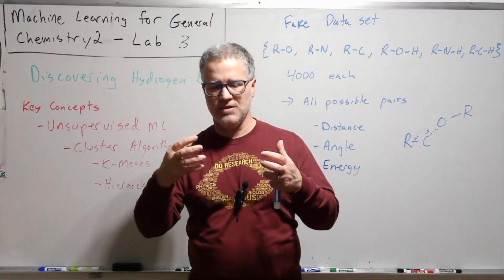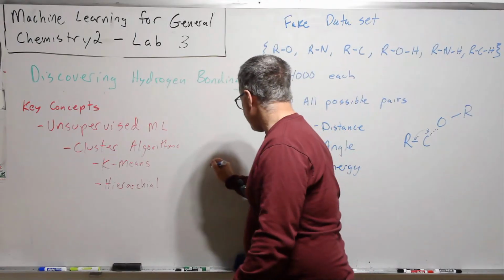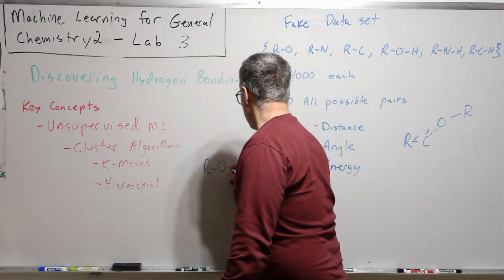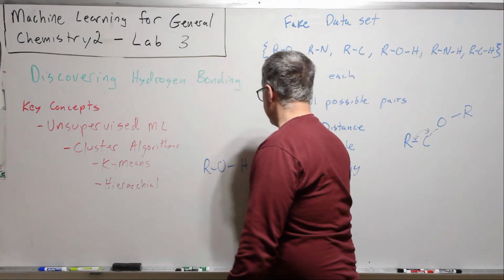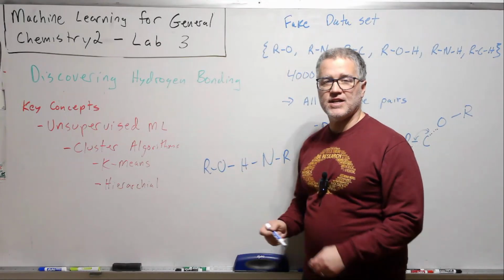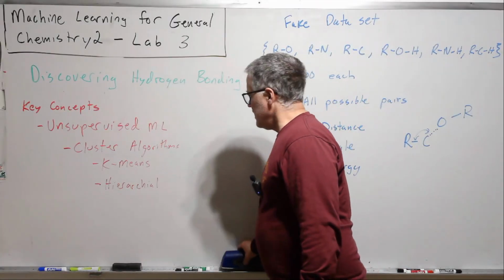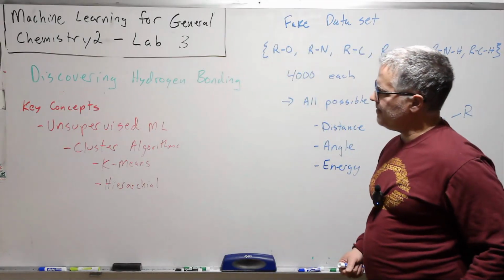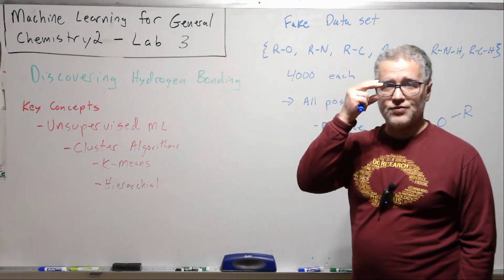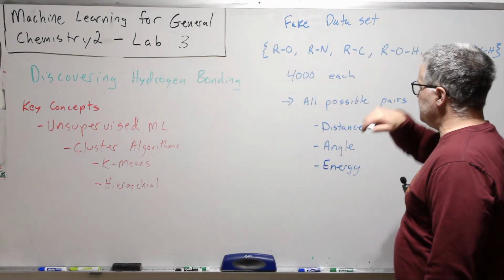So whenever we have, say, an oxygen, something like an R-OH, or an N, something like that, R-NH, then we would have a hydrogen bond. It's going to discover those patterns in this clustering. So this is a typical type of machine learning that's used for looking through large data sets and trying to find patterns.